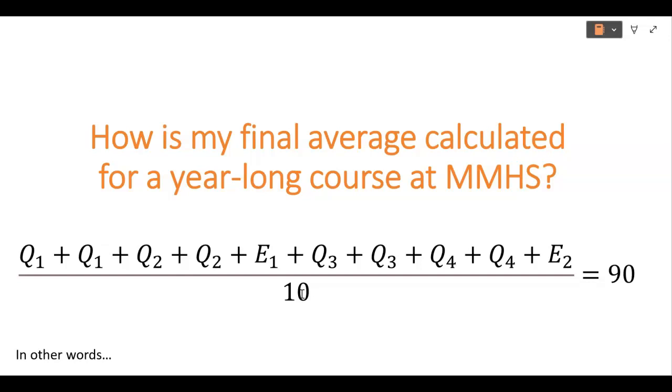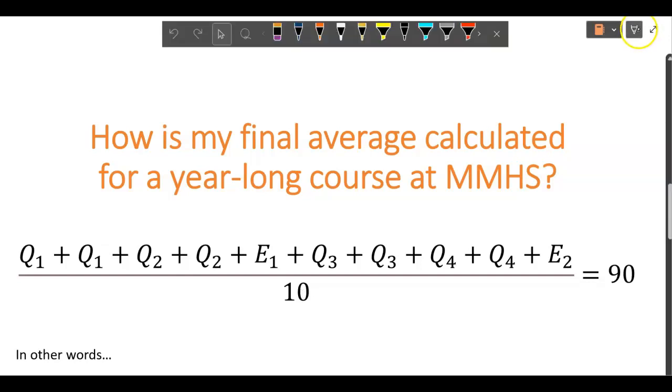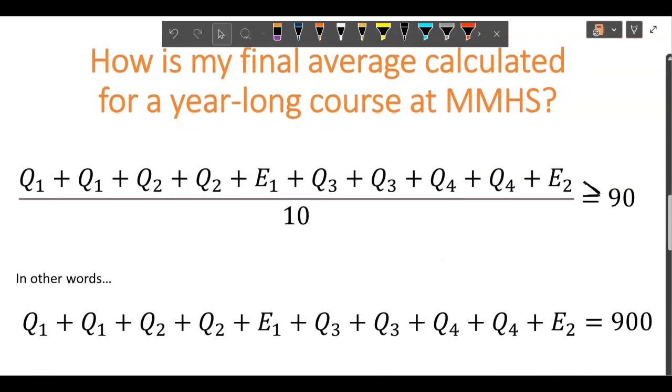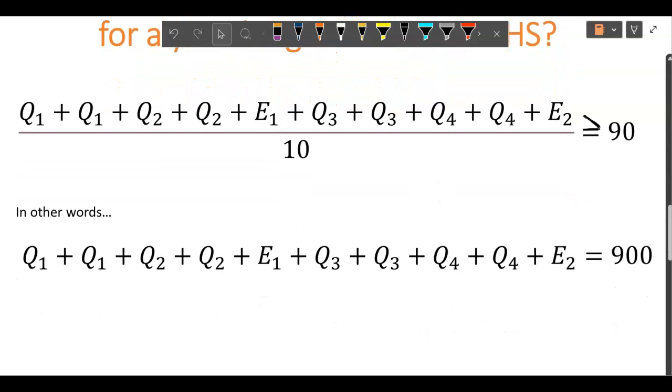And we want that to be greater than or equal to our 90. So I could actually change that to an inequality, not to get too mathy here. If I multiply both sides of that inequality by 10, it needs to be greater than or equal to 900. So by the end of the year, you're trying to get 900 points total, for instance.